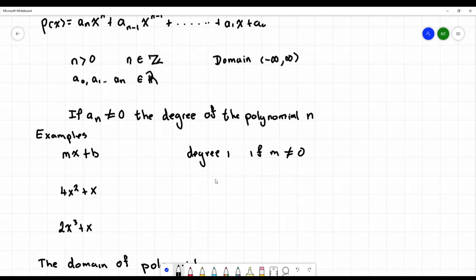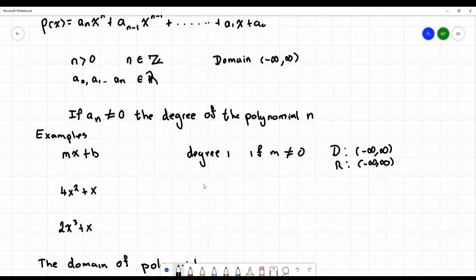The domain of this polynomial is from minus infinity to infinity, as we've seen in many examples, and the range is minus infinity to infinity as well.